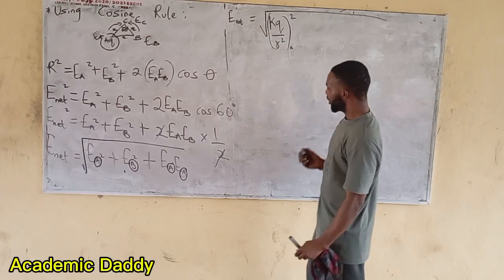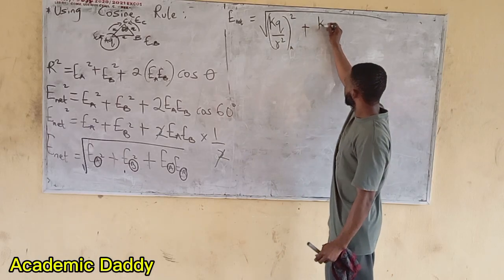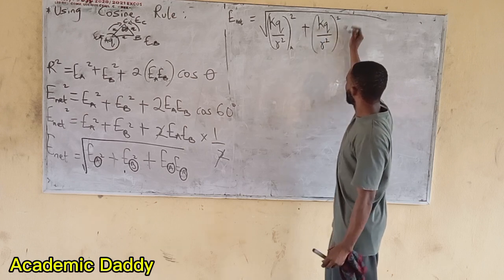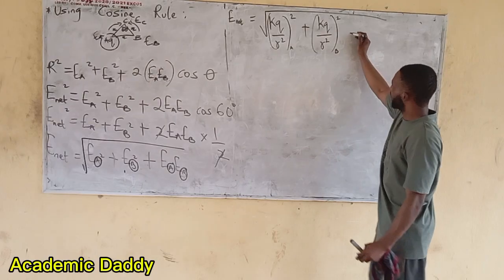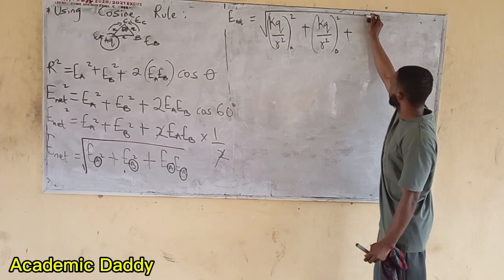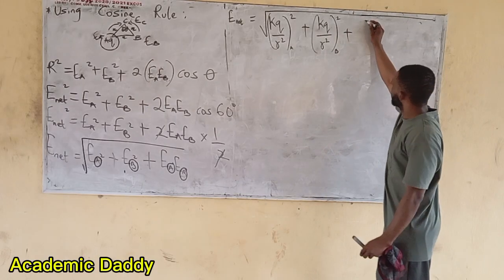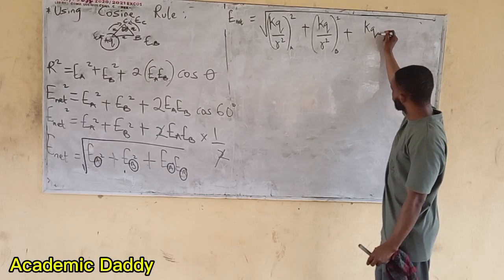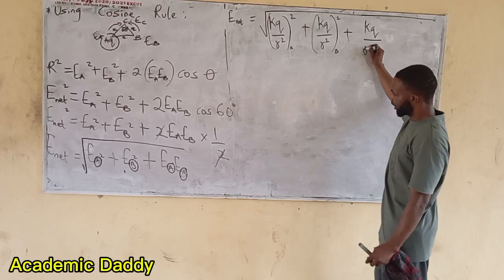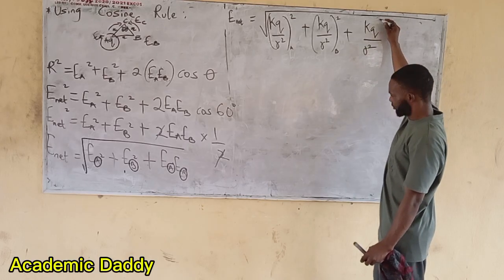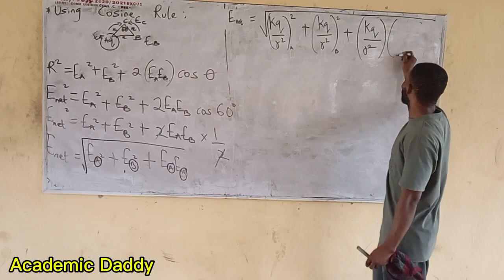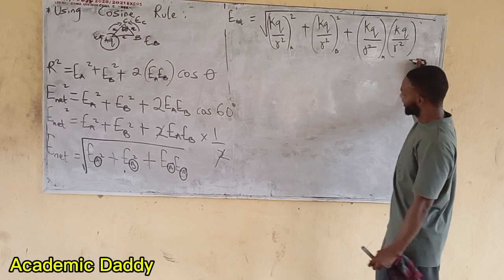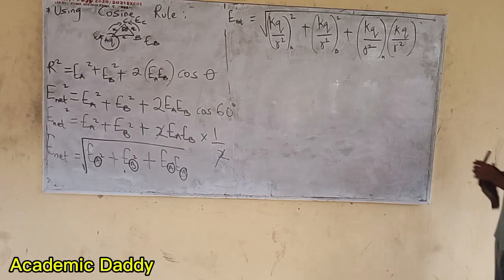This one is for the one on A, plus KQ over R squared. This one is the one on B. Then plus KQ over R squared.